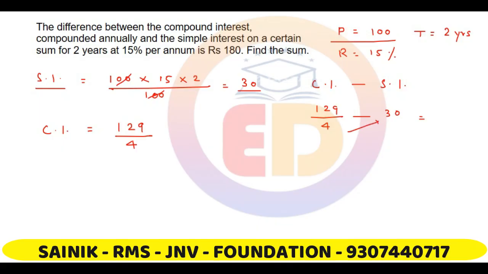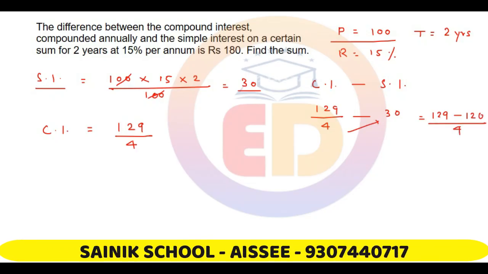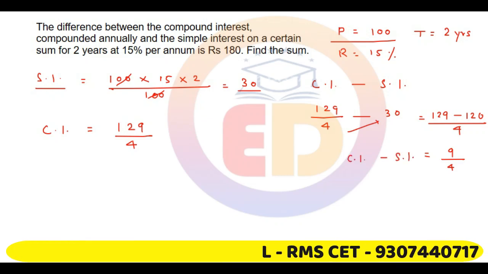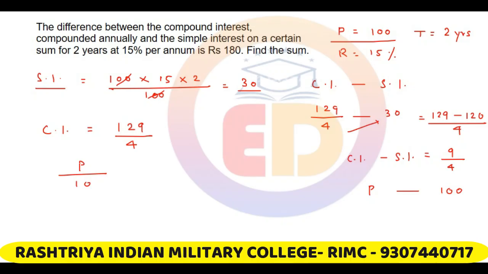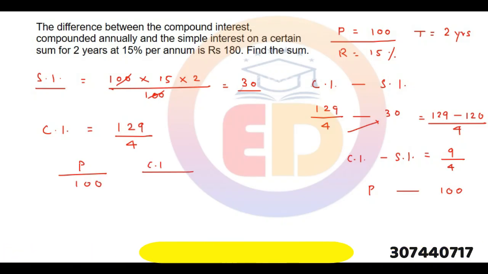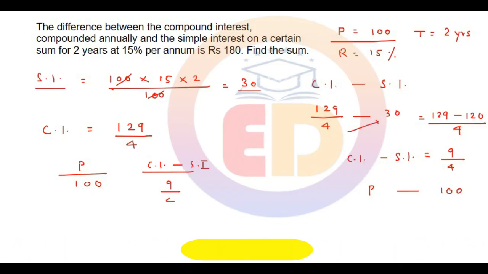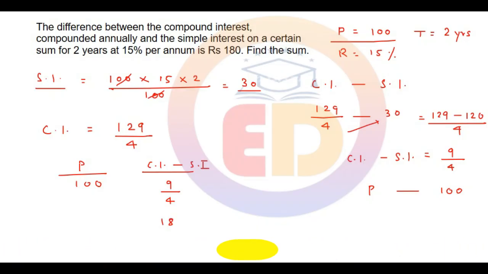Cross multiply this. 4 into 30 is 120. This is 129 minus 120 upon 4. It is 9 by 4. So the difference of compound interest and simple interest is 9 by 4 when my principal is 100. So when principal is 100, the difference of CI and SI is 9 by 4. If my difference of compound interest and simple interest becomes 180, what will be my principal?